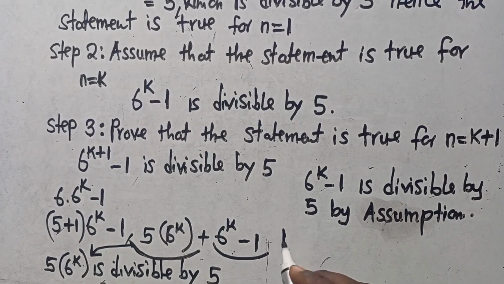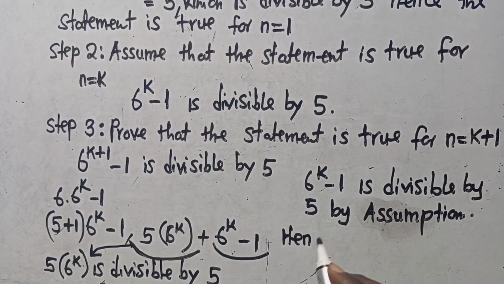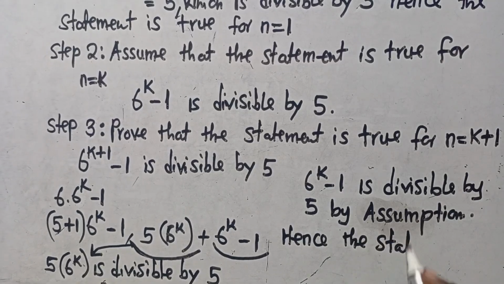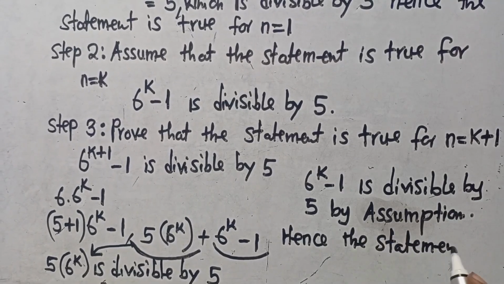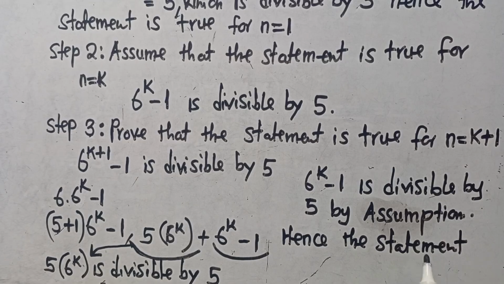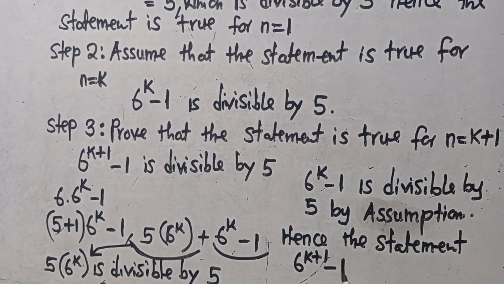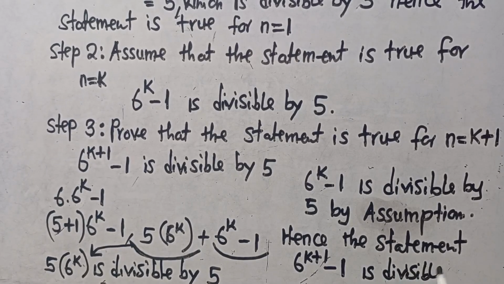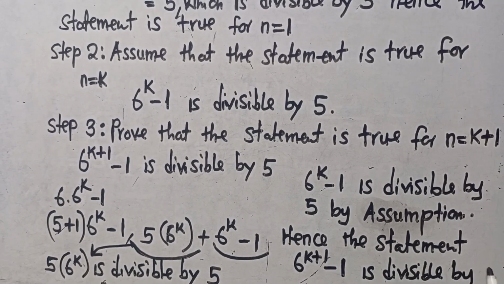Then I'll say hence the statement 6^(k+1) minus 1 is divisible by 5.